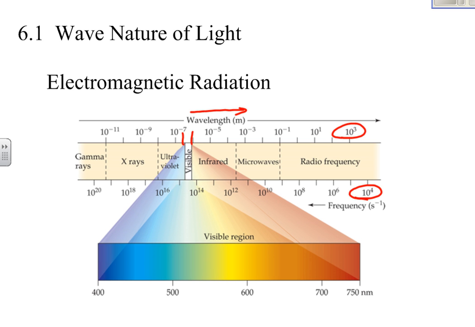The other thing we want to keep in mind about all electromagnetic radiation is that the velocity of all electromagnetic radiation is the speed of light. So velocity equals the symbol c, the speed of light in a vacuum, which is 3.00 times 10 to the 8th meters per second.